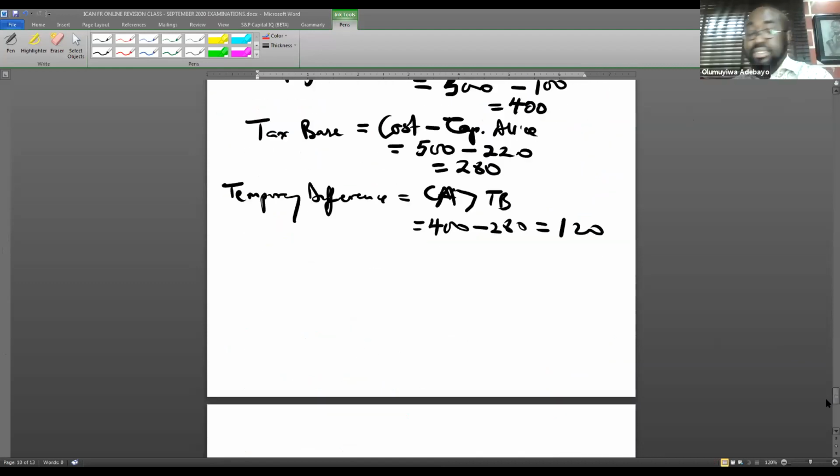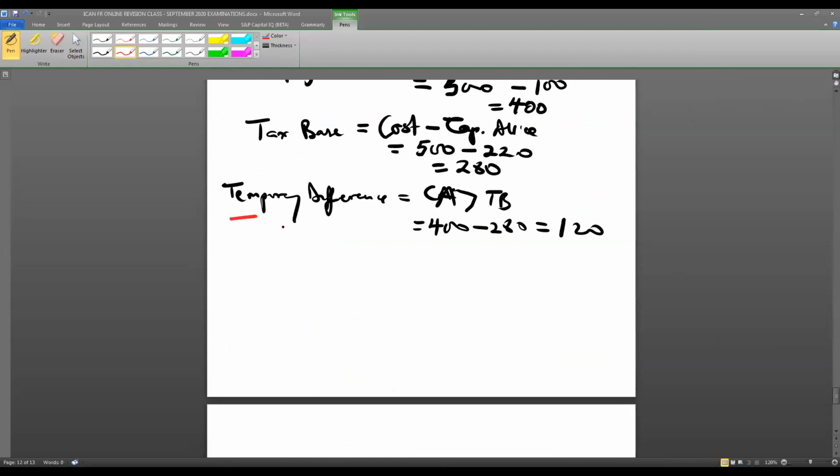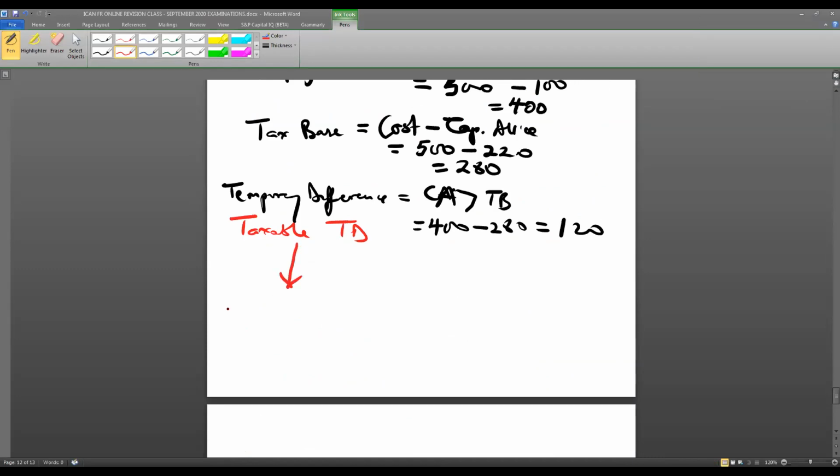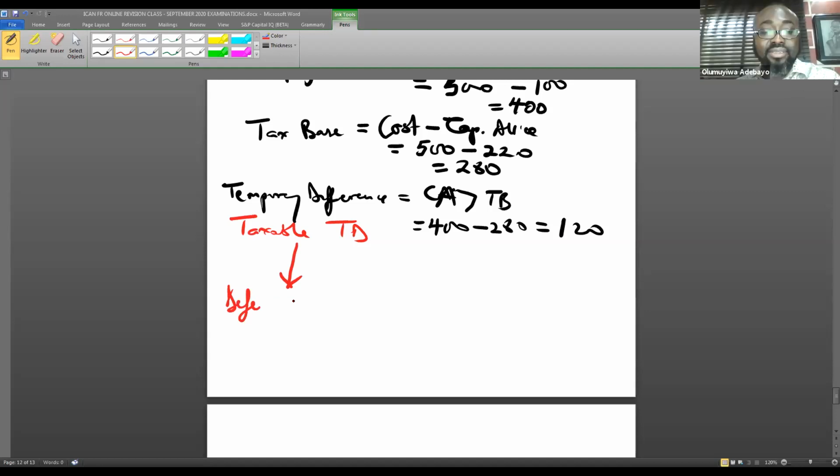Therefore, this difference is a taxable temporary difference. I remember, taxable temporary difference will give rise to deferred tax liability, is that not?